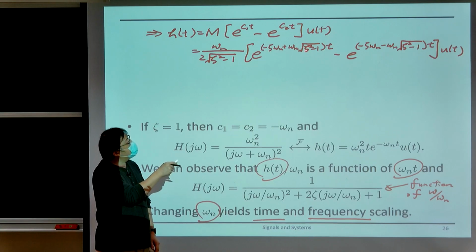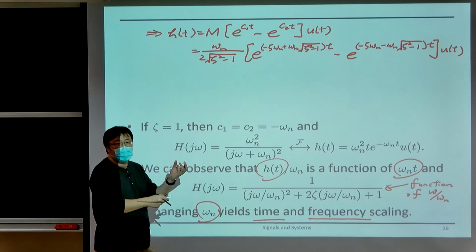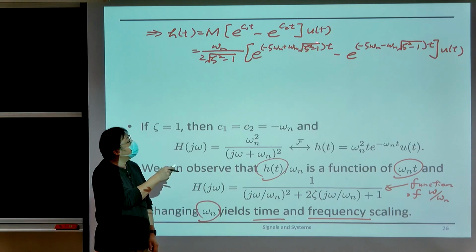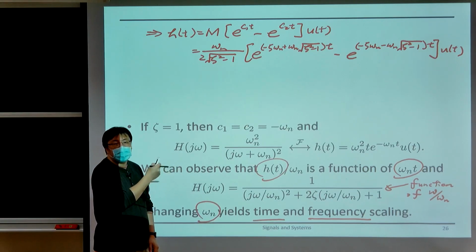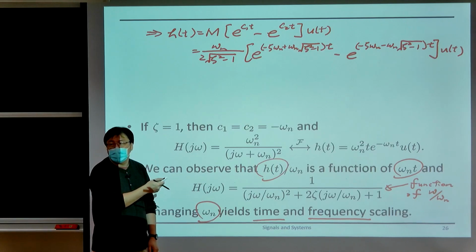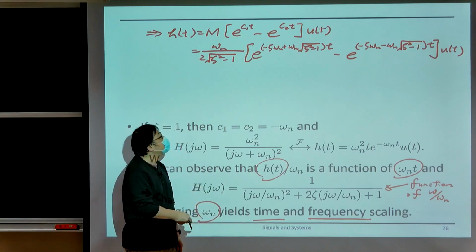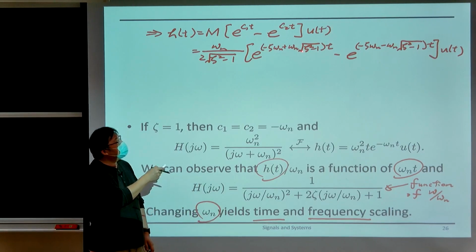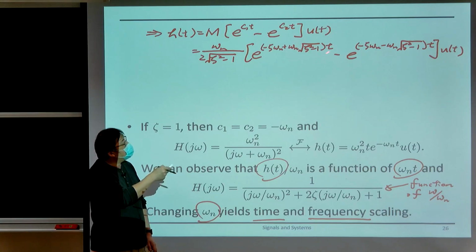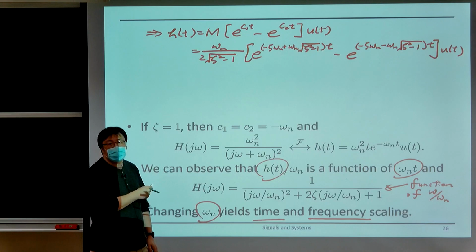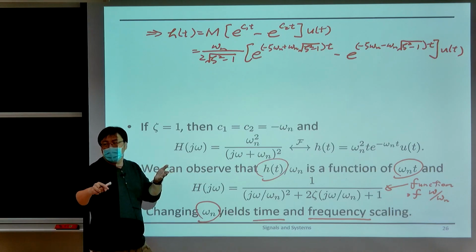Okay. But if zeta is less than 1, then zeta squared minus 1 is negative. So the square root of a negative value gives you a complex number, right? An imaginary number, okay? So when you have an imaginary number, let's say you have this j times omega n times t, then this part of the exponential gives you a sinusoid, okay?